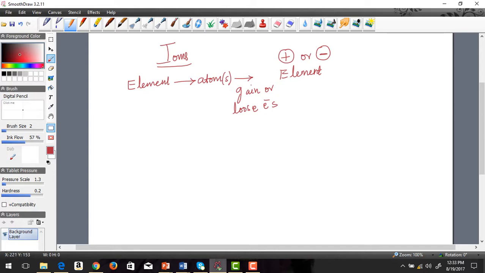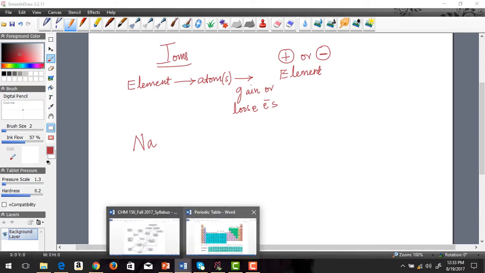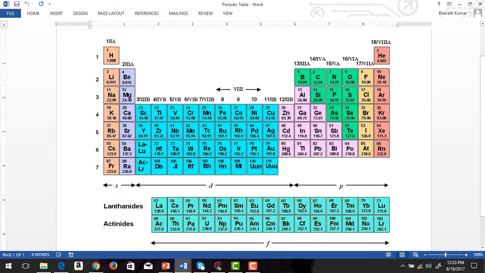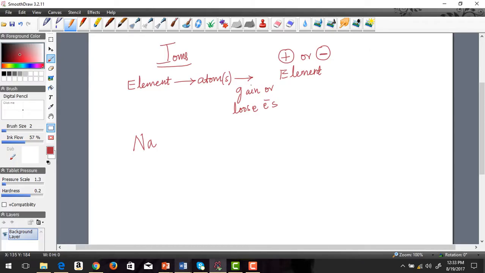So for instance, let's take sodium. Sodium's atomic number is 11. That means it has 11 protons and 11 electrons, right? Now you don't have to do the electronic configuration every time to arrive at this.